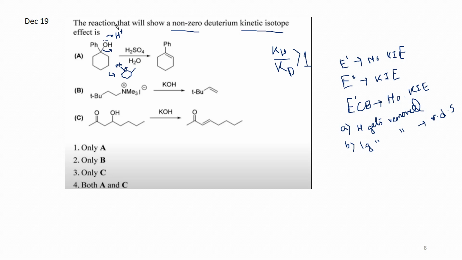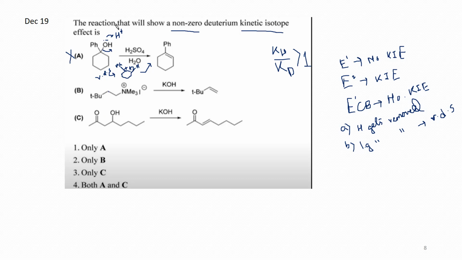After that, there is a proton adjacent that will come here and we will get our desired product. Now in this case, as we have known from the E1 equation, this one is our RDS or rate determining step. So in this case, no CH bond has been broken. That's why it will not show any kinetic isotope effect.